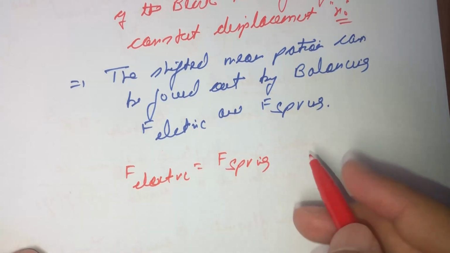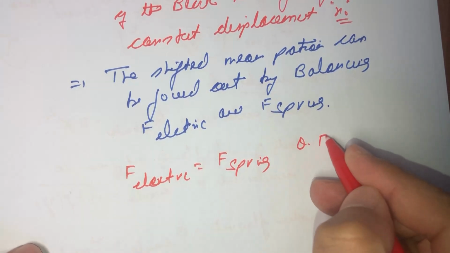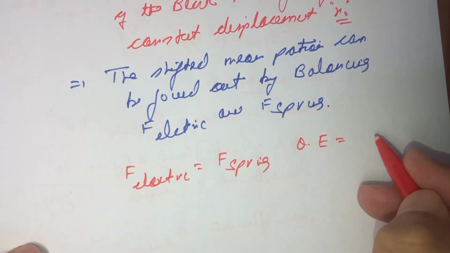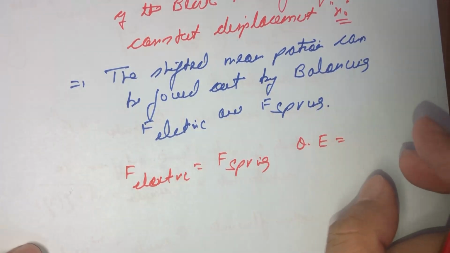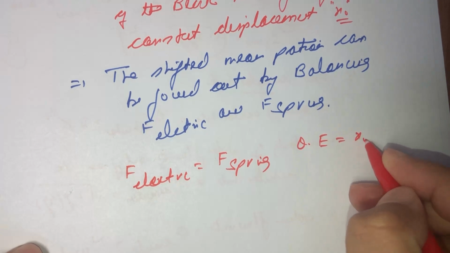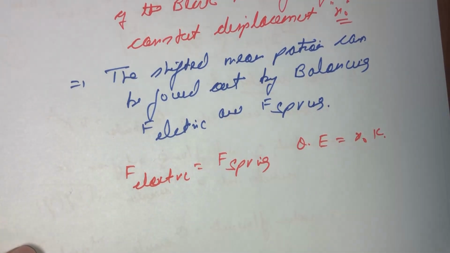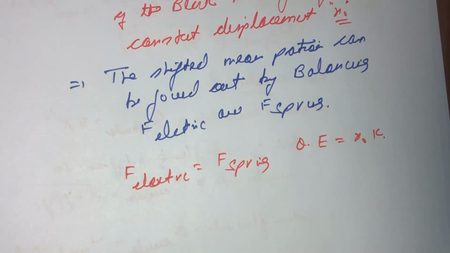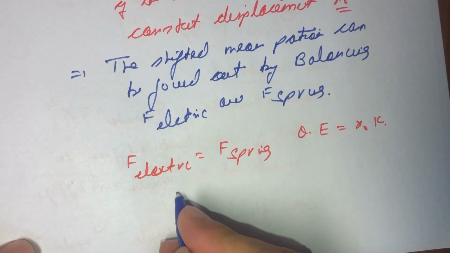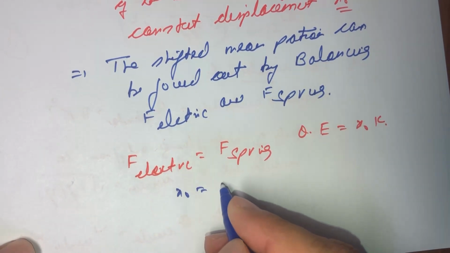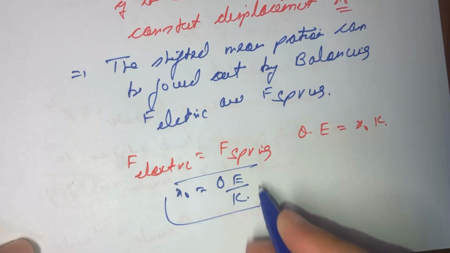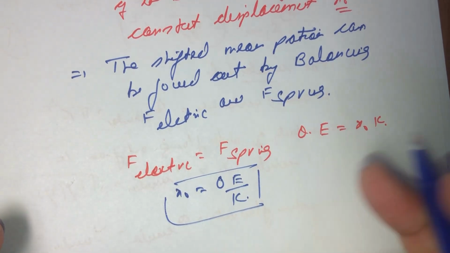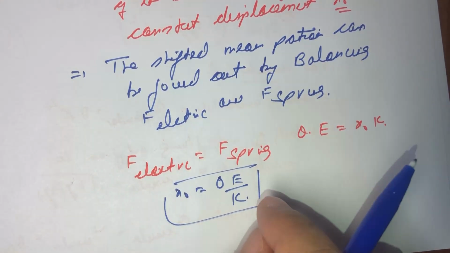Substituting values, F electric is q multiplied by E, and F spring is x naught times K, and therefore x naught will be equal to QE divided by K. We are not taking the negative sign here, we are only interested in the magnitude of x naught.